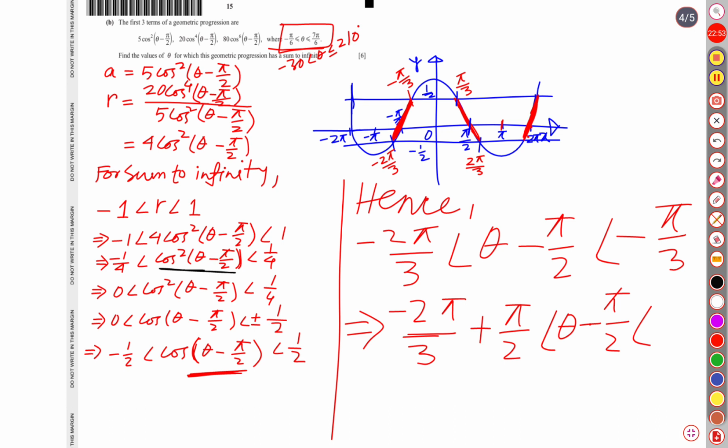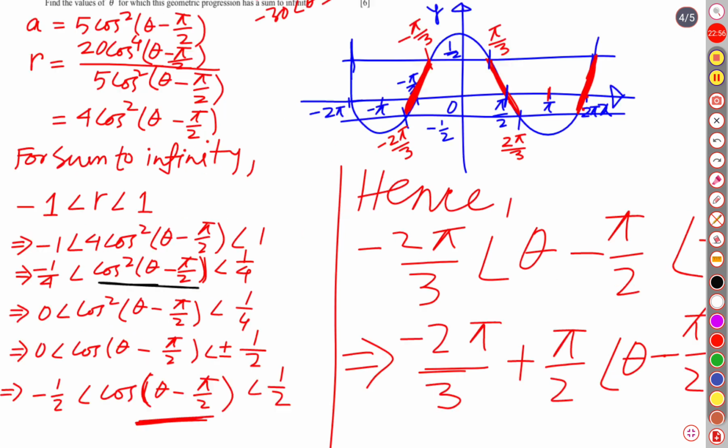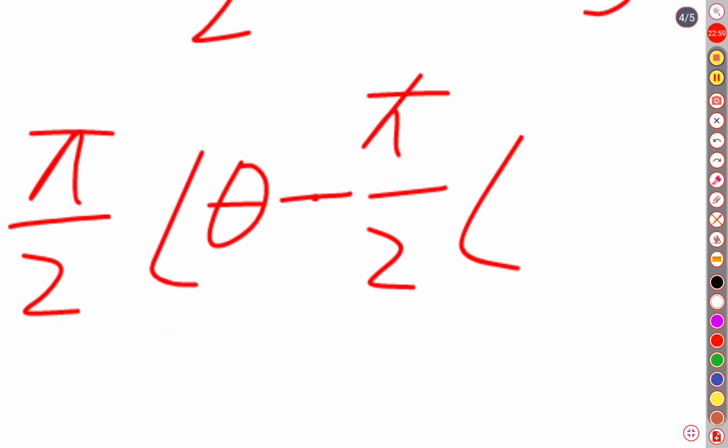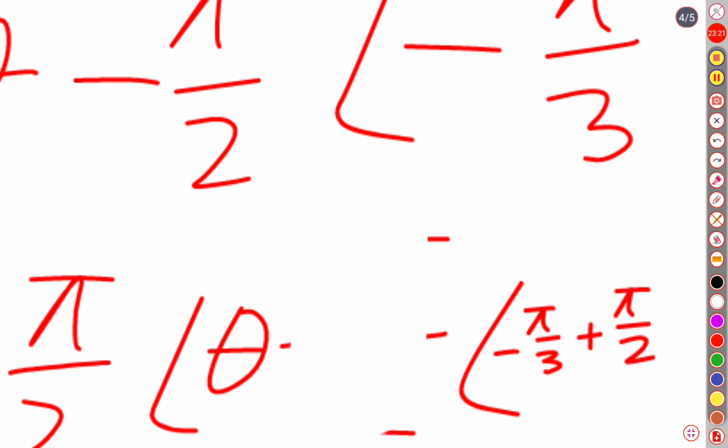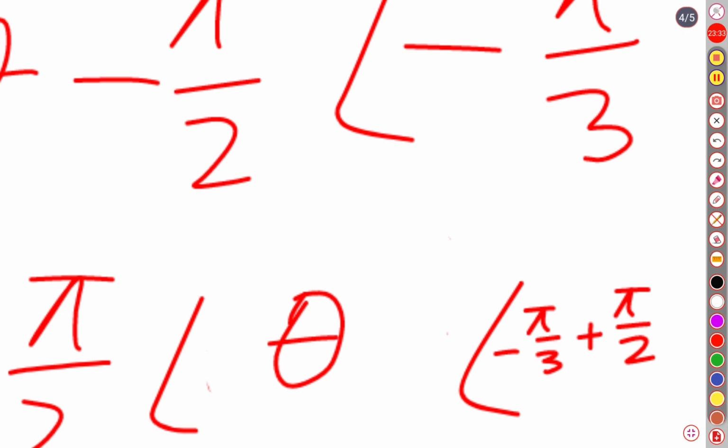Theta minus pi over 2 is less than negative pi over 3 plus pi over 2. I don't have space, let me try to write it. If we add pi over 2 to all three parts, then there will be no pi over 2 in the middle because it has already been subtracted, so it is now simply theta.